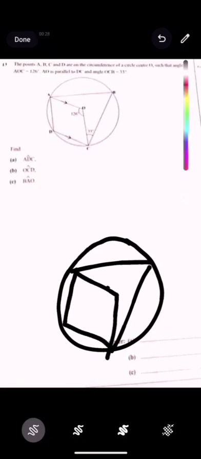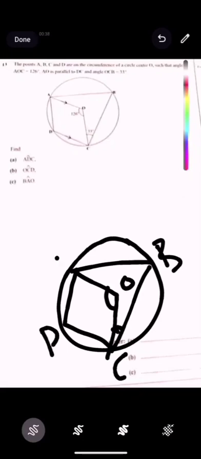Where this is the center with 126, and there's an angle here which is 33 degrees. We have B, we have C, we have O, we have D, we have A. Okay, so they want angle ADC.